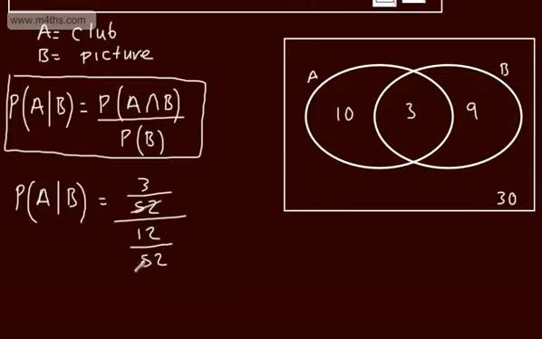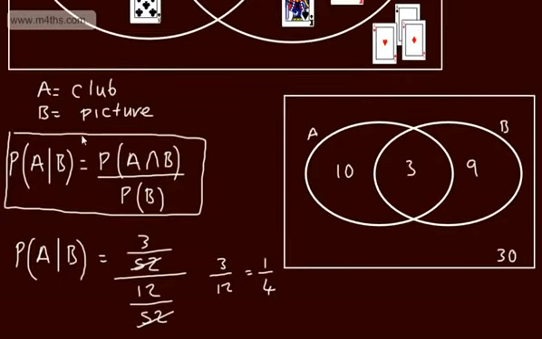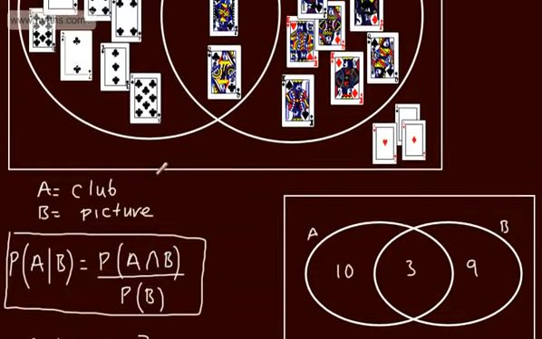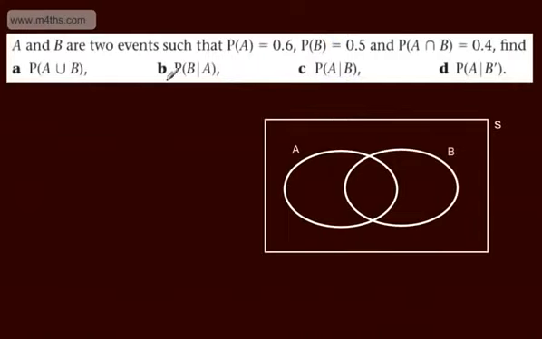Quite clearly the 52s cancel, leaving us with 3 over 12, which of course is 1 over 4. So the way we read this is the probability that A is going to happen, given that B has already happened, is the probability of A intersection B divided by the probability of B. Hopefully that gives you an idea of how it works. So let's look at it in action, and we will do it now on an example.